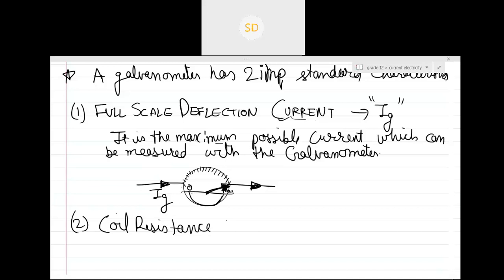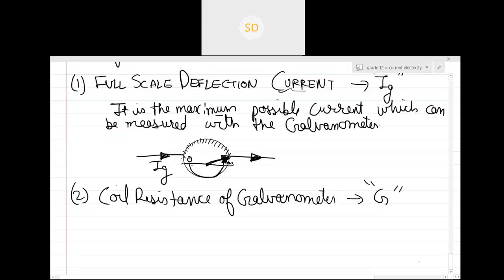Even if it's a copper coil, still it has some resistance, right? So what is the coil resistance of the galvanometer, denoted by G? It is the internal resistance of the galvanometer.